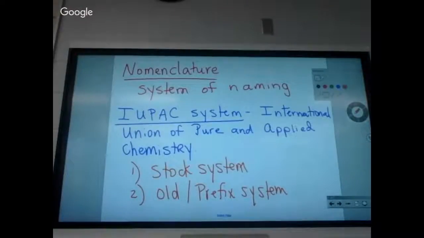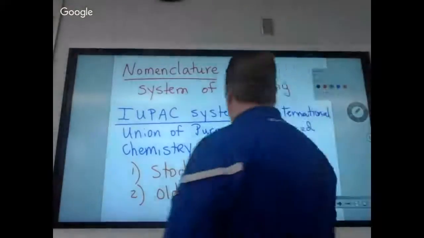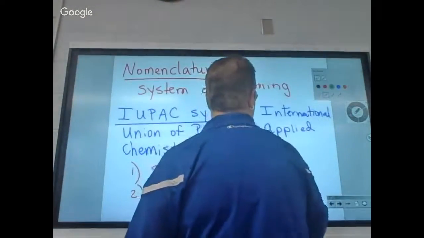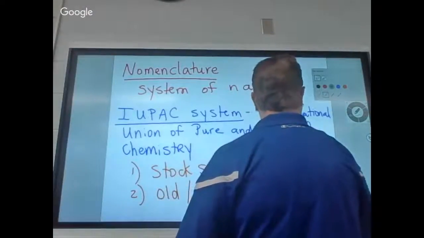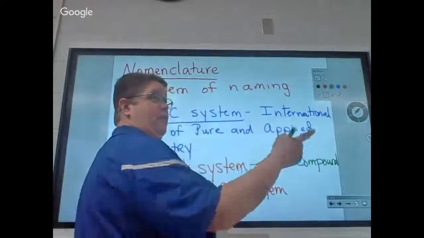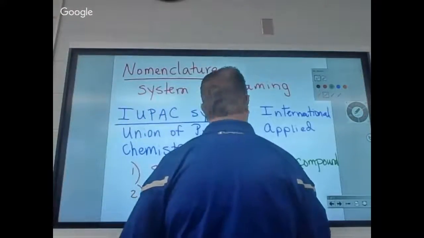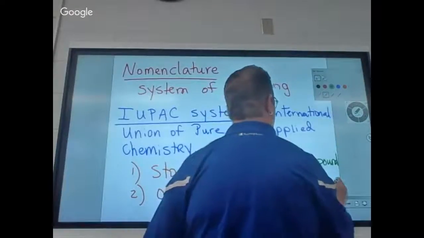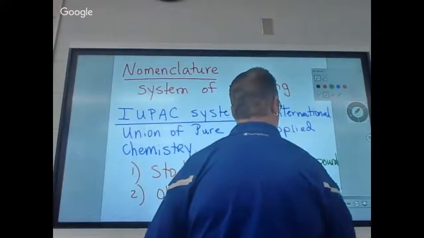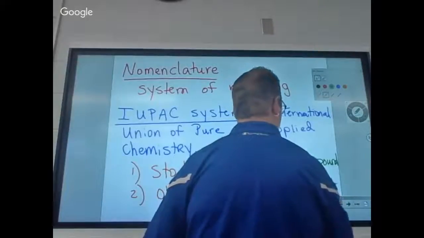Now, before we go into stock and the prefix system, we have to talk about two types of compounds, because this is where things get a little dicey. The stock system can be used for all compounds, which is why we will spend the most time there. The old system or the prefix system can only be used for covalent compounds.